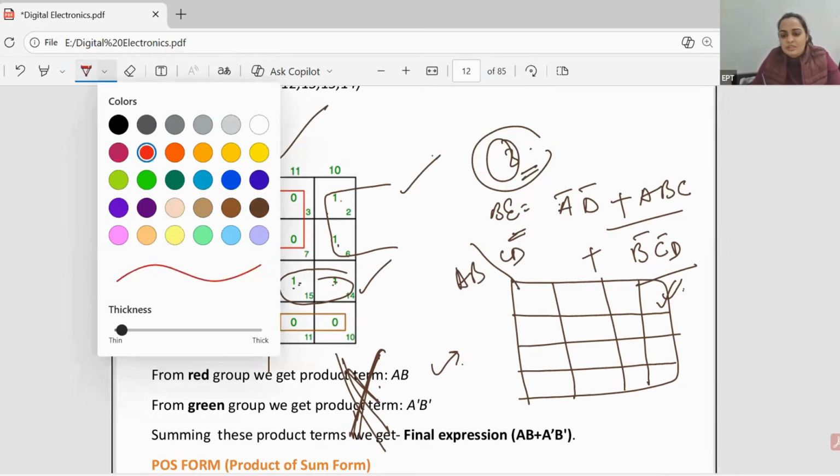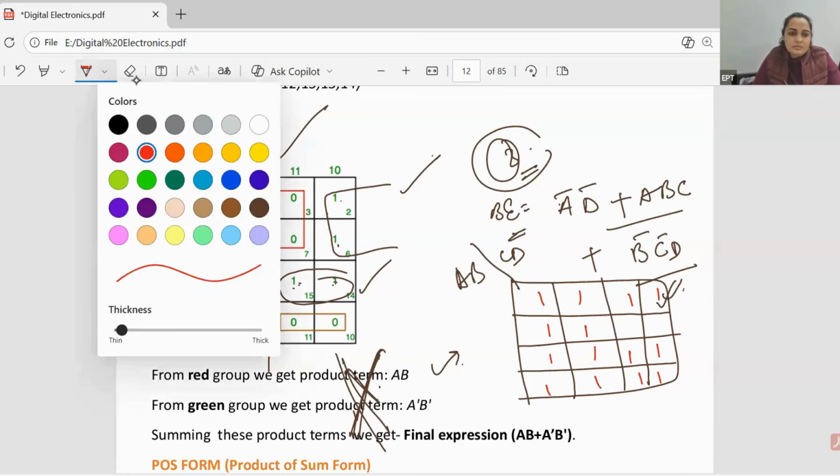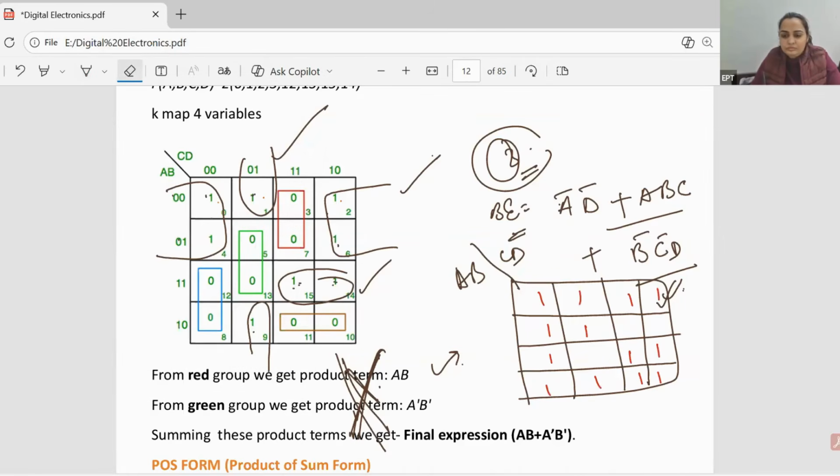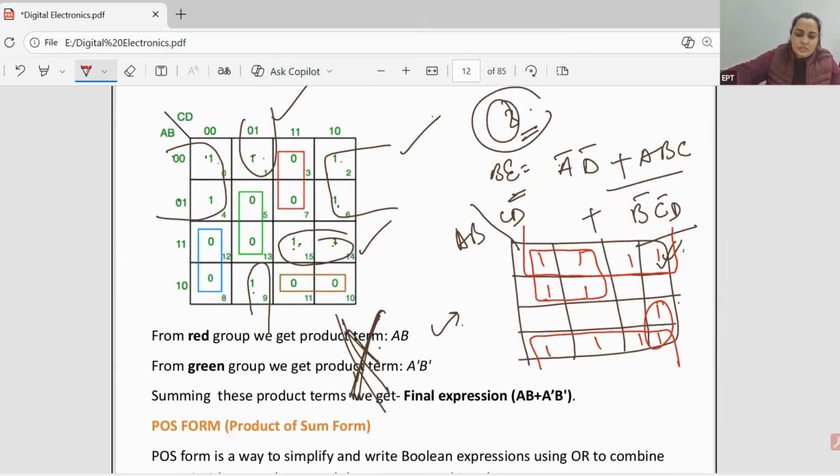See, if you have ones like this, you can make an octet like this, so the answer will carry only one variable. Similarly, for this one you can make a pair like this, and for these two you can make a quad like this. So a total of three terms will be there in the output. Like this you can write down.